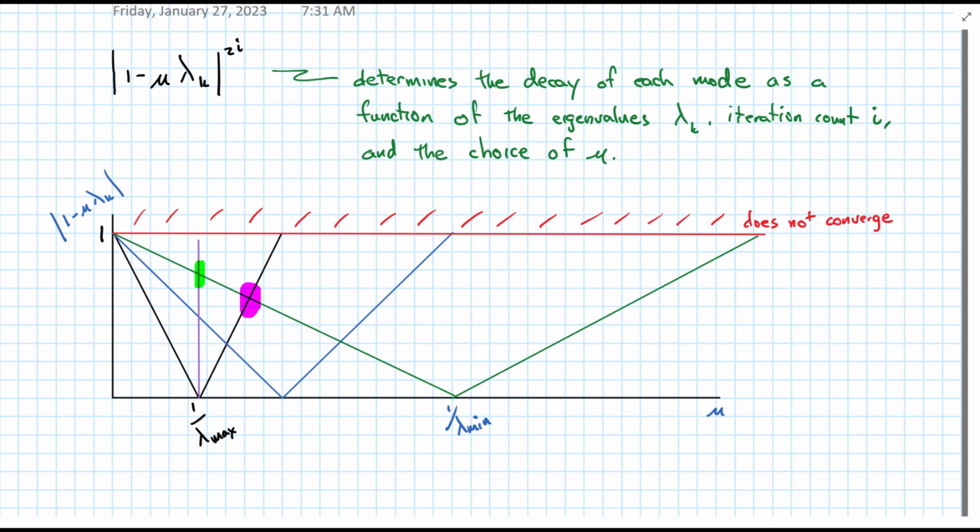And you'll notice that at this particular choice of mu, we have the intersection of the line for lambda min and the line for lambda max. The other line is in between there someplace, and indeed every other line is going to be in between there. So our fastest overall convergence is determined by lambda min and lambda max.